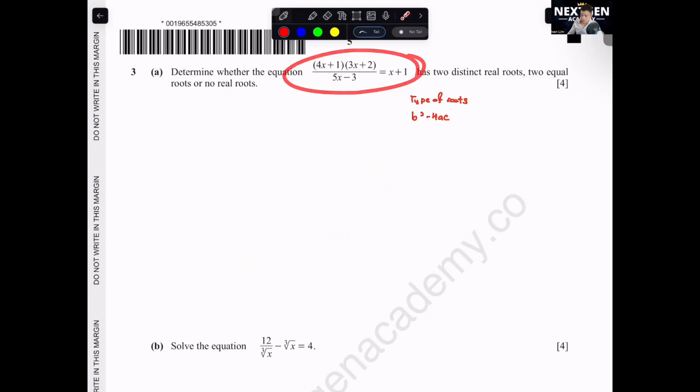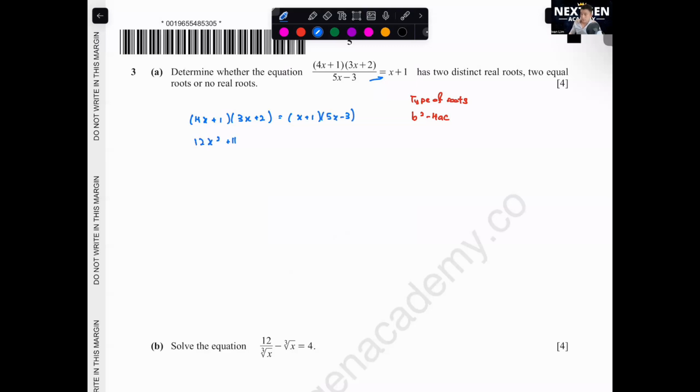We simplify this equation first. The first step, I multiply the equation by 5x minus 3. So 4x plus 1, 3x plus 2 equals x plus 1, 5x minus 3. Open up the bracket, 12x squared plus 11x plus 2 equals 5x squared plus 2x minus 3. Shift everything to the left-hand side. So you get 7x squared plus 9x plus 5 equals 0.